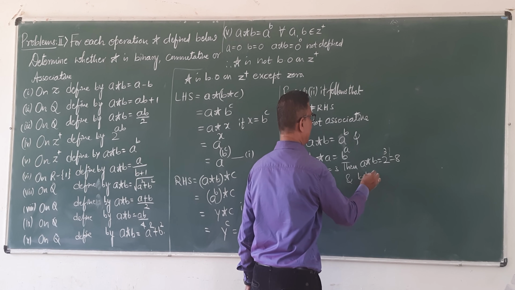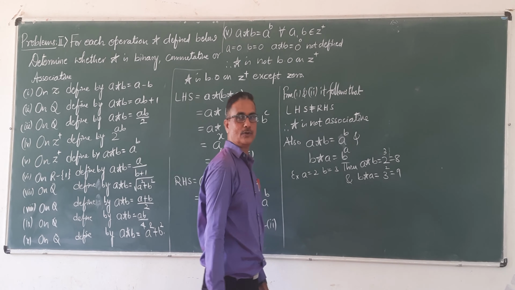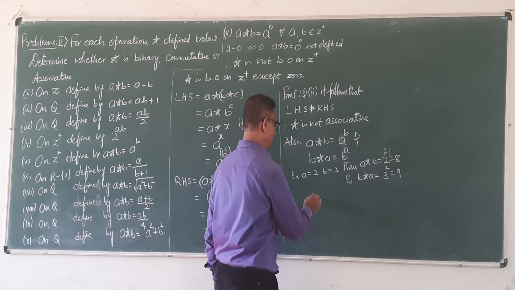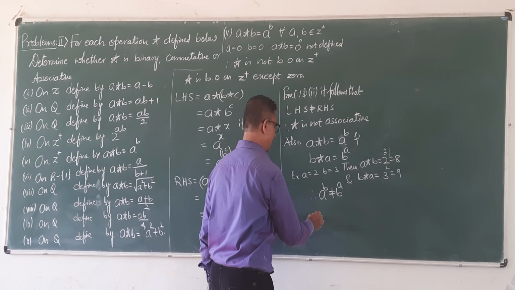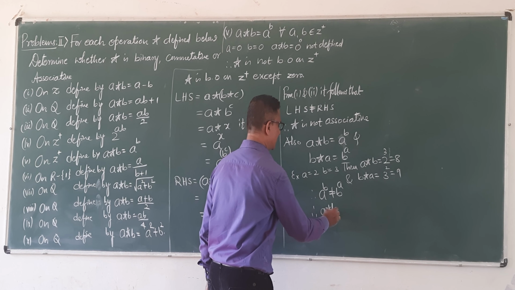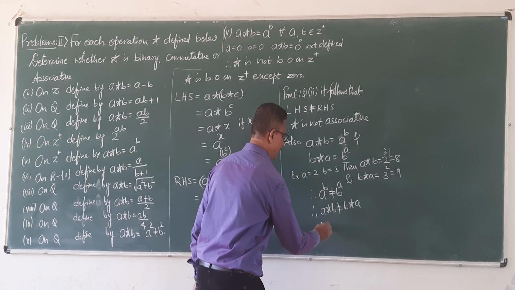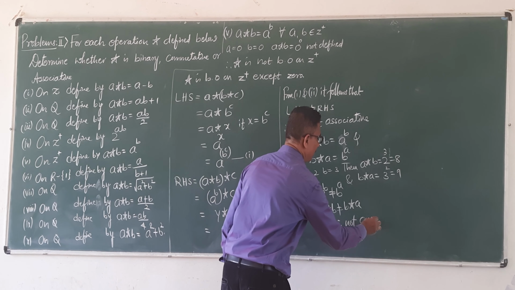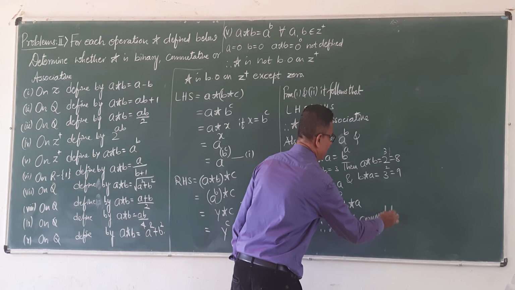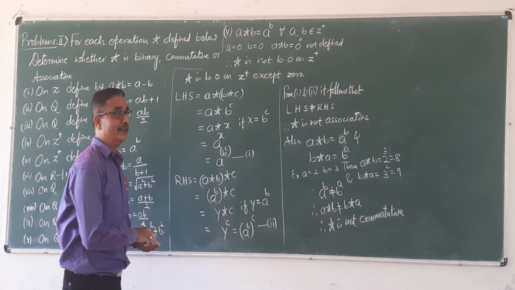And b star a, b power a, 3 power 2 is 9. Are they equal, 8 is equal to 9? No. Therefore, since a power b is not equal to b power a, a star b is not equal to b star a. Hence, star is not commutative. It is not commutative and it is not associative.